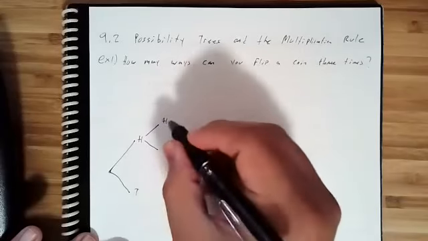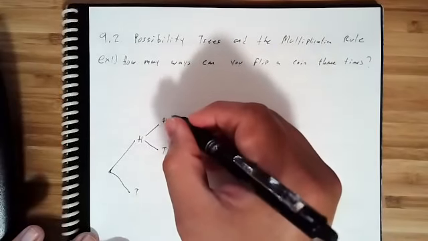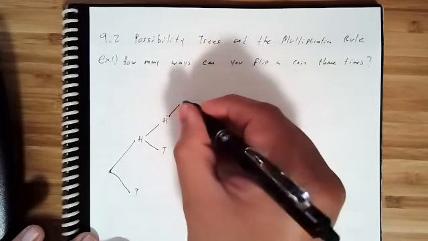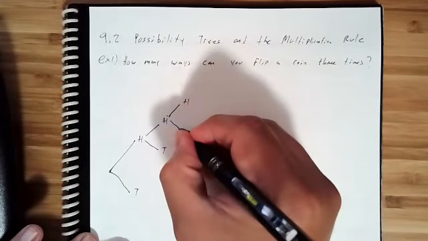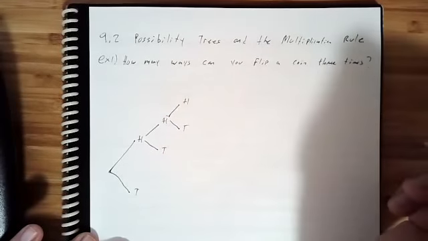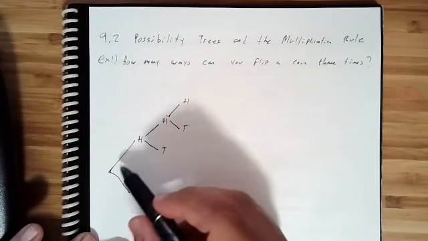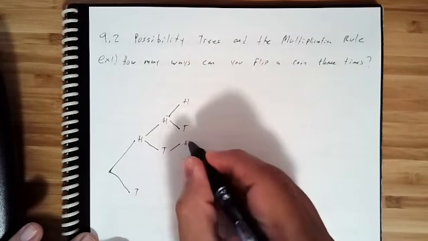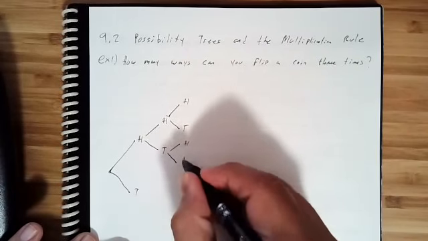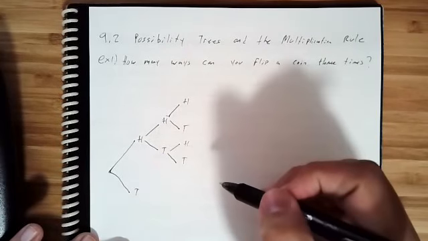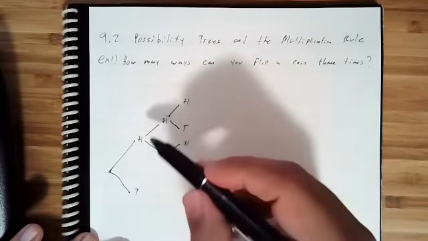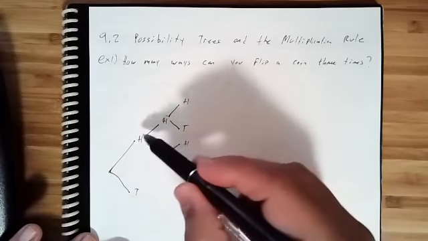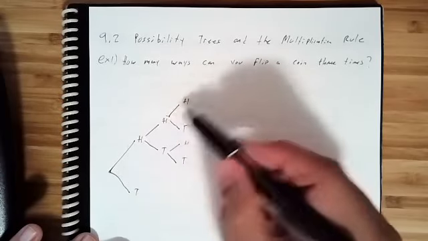If I assume it was heads, the next event could either be a heads again or a tails. See how it branches off? If I assume that there was heads and then tails, after that I could get a heads or a tails.